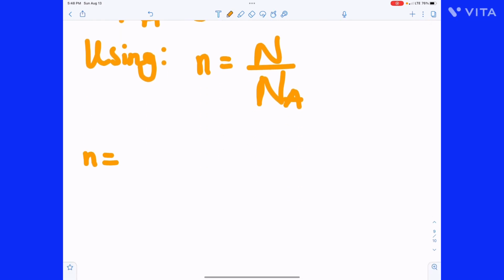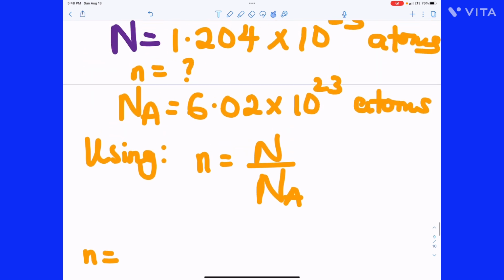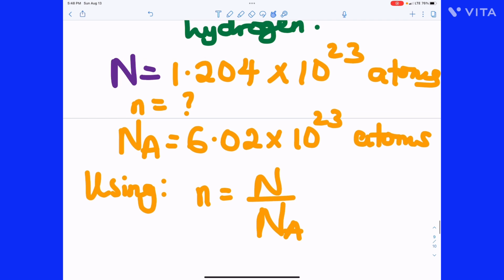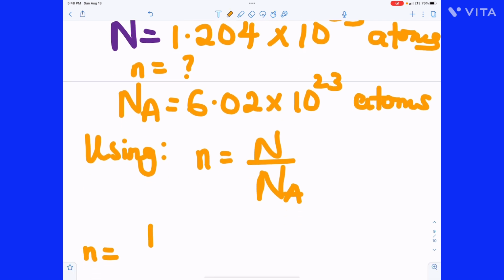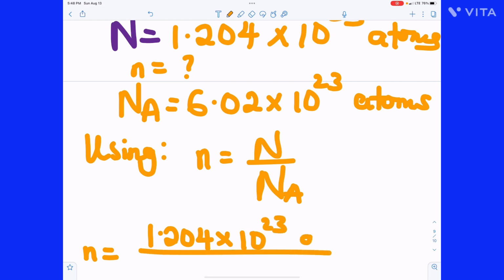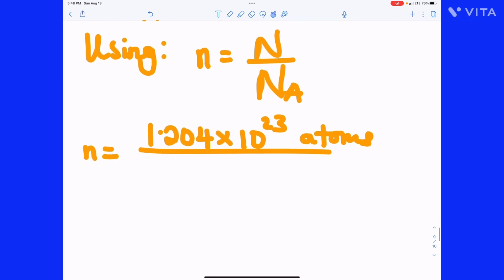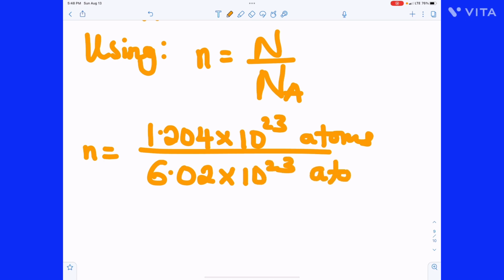Number of moles is what? The number of moles present will be 1.204 times 10 raised to the power 23 atoms divided by the number of atoms in 1 mole, 6.02 times 10 raised to the power 23 atoms. So you get what you need now.